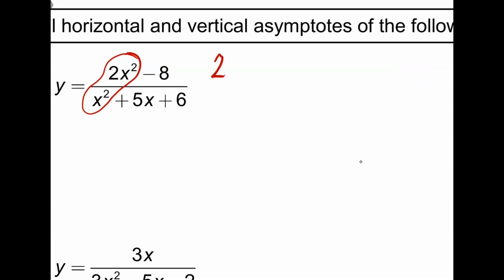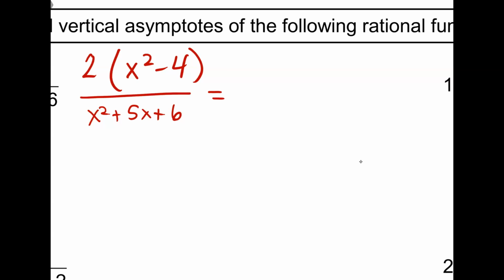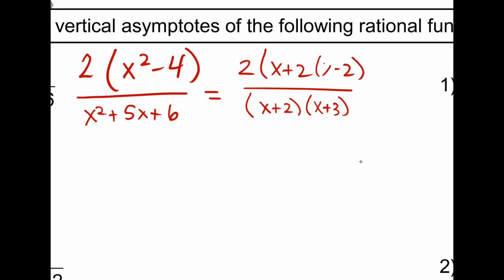So I have 2 times x squared minus 4 all over x squared plus 5x plus 6. That factors as 2 times x plus 2, x minus 2 on top, and x plus 2, x plus 3 on bottom.